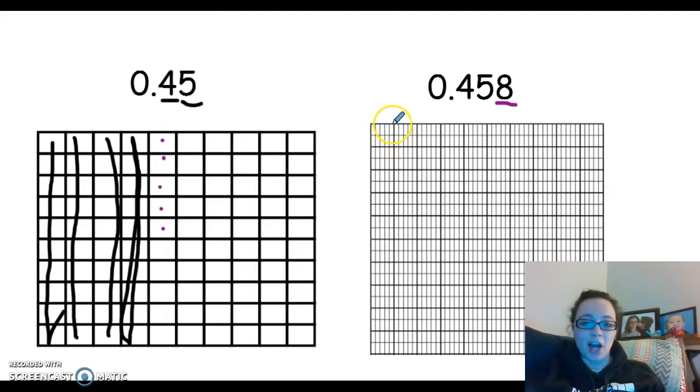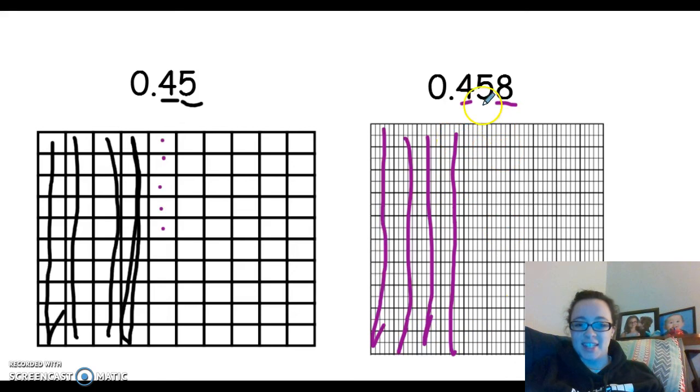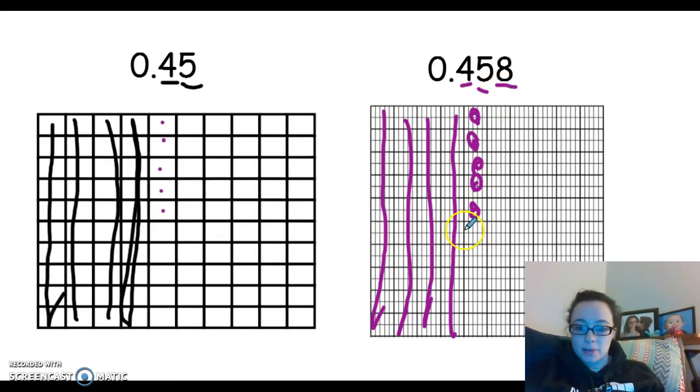In every hundredth, there are 10 thousandths. So, if we were to shade here, we still have 4 tenths. Not perfect. 5 hundredths. Now we have 8 thousandths.